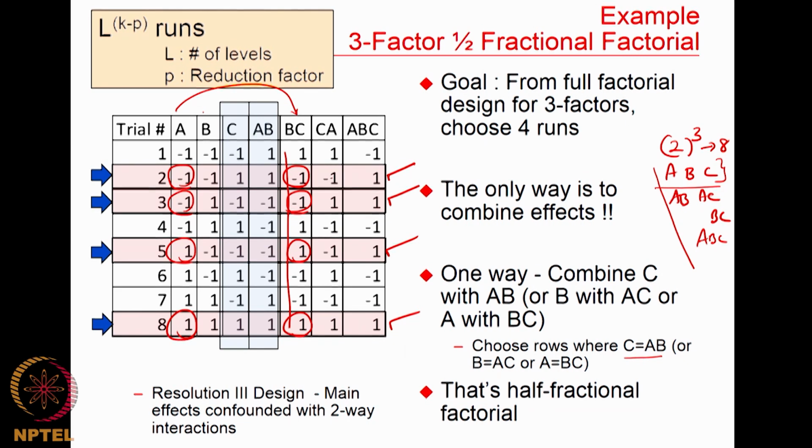Will it hold good with respect to C, A and B also, if you see? -1, -1, 1, 1, -1, -1, 1, 1. It is the same 4 rows that will reflect the same thing. So, I will only take the ones that are marked pink: -1, -1, 1, -1, 1, -1, 1, -1, -1, 1, 1, 1.